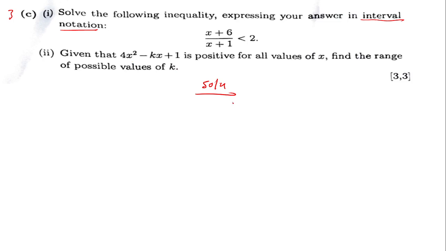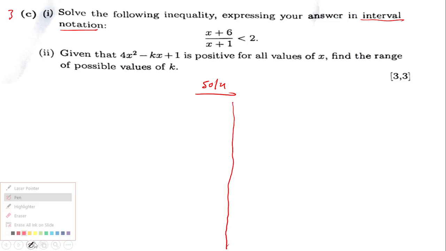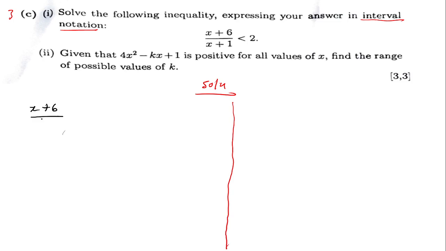And I'll never stop telling you that Math 1100 and 1120 are just the same, just names to differentiate. So we have (x plus 6) over (x plus 1) is less than 2. I'm not going to go into much detail because I explained it during the solving of Math 1120, so go and watch the video for Math 1120.